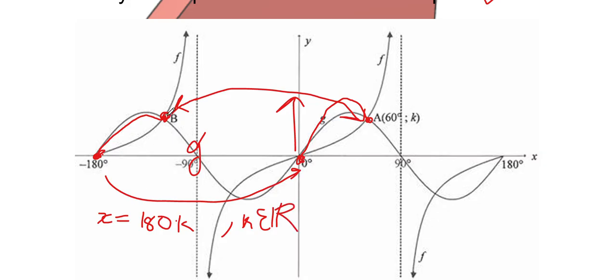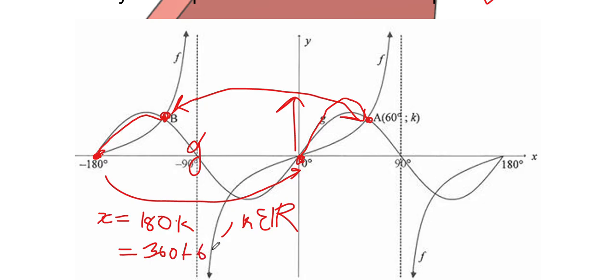And then you can tell them about those other points, which are 60. It's 360 plus 60.